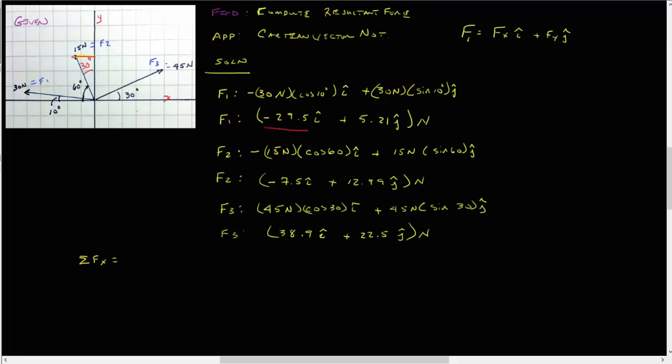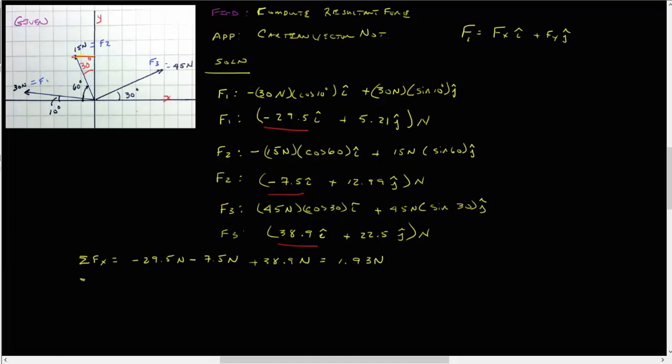So I've got my force 1x, my force 2x, and my force 3x: negative 29.5 newtons minus 7.5 newtons plus 38.9 newtons. Now I don't include the i because I'm summing my forces in the x. Computing those, I got 1.93 newtons.